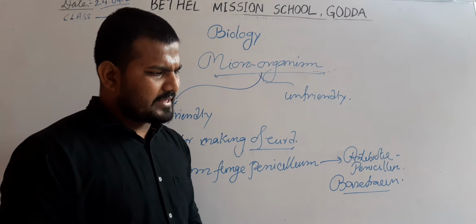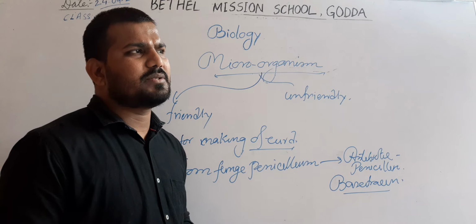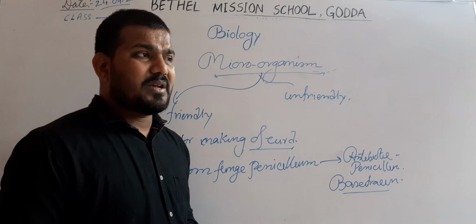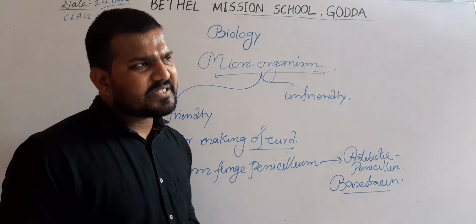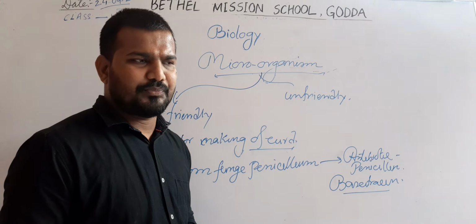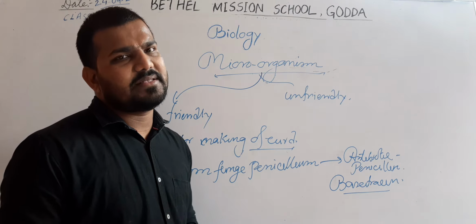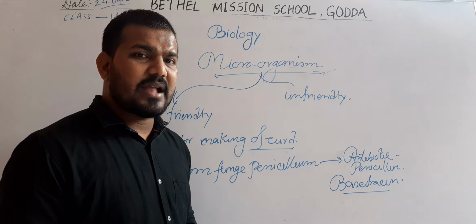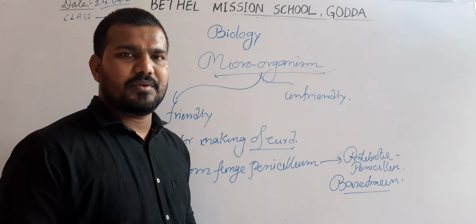Now next, microorganisms also play an important role in cleaning the environment. We know that in our surroundings there are lots of dead and decaying materials, but after a few days we cannot observe them; they have vanished. But how? Generally, some saprophytic microorganisms live on the dead and decaying materials and discharge degradative enzymes, which break down the dead and decaying materials into the smallest pieces and mix them with the soil by the process of decomposition.